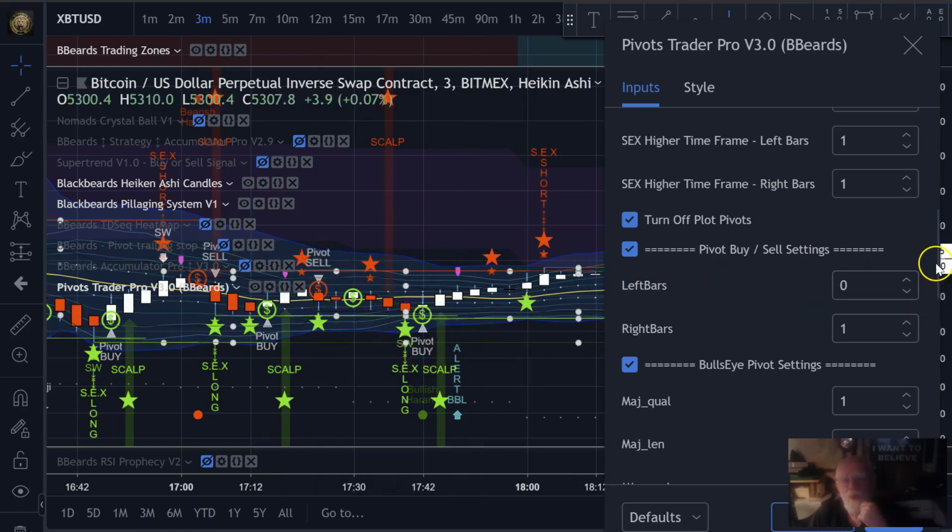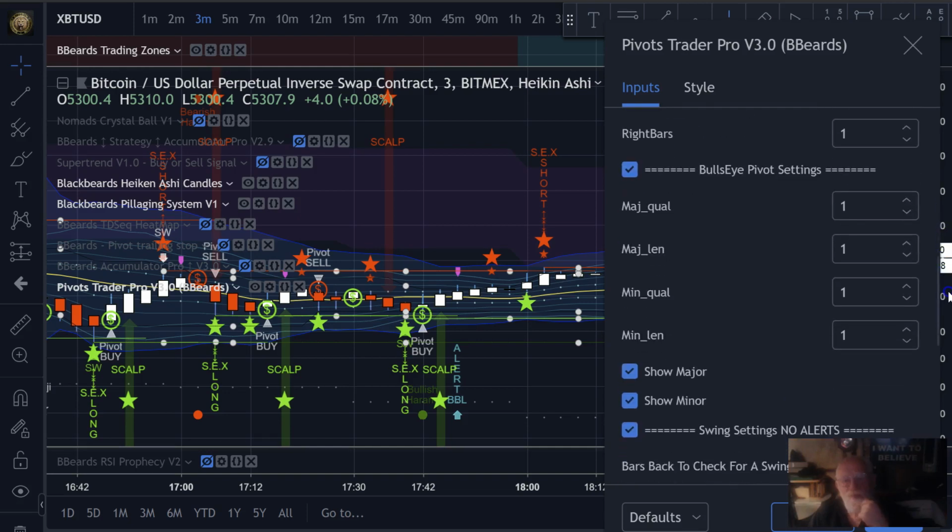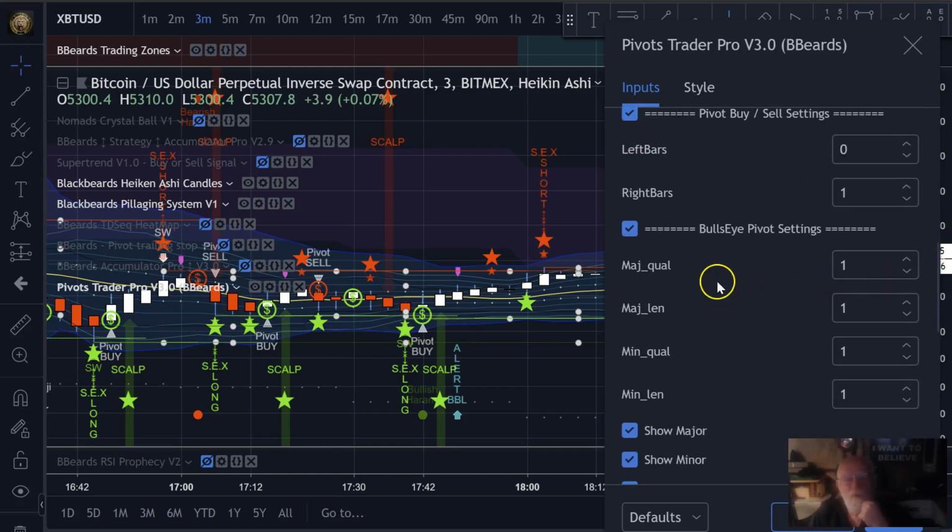That's here. Now, bullseye. Nobody understands bullseyes. You've got a major and a minor. Alright? The major is the dollar sign. The minor is the circle. And by moving these to larger and smaller time frames, you will move the pivot points.